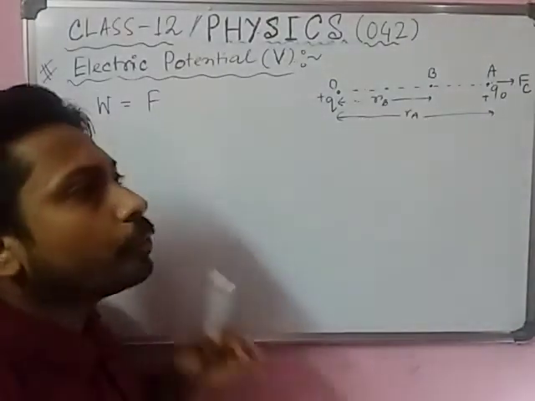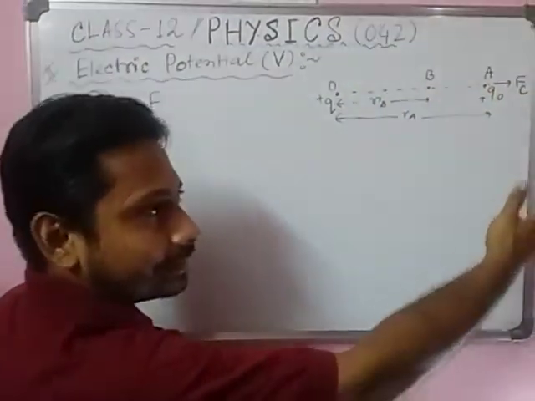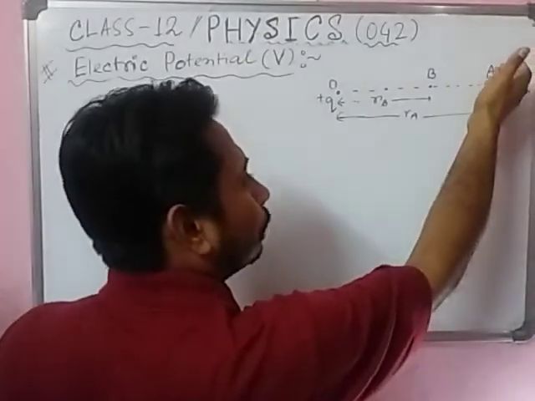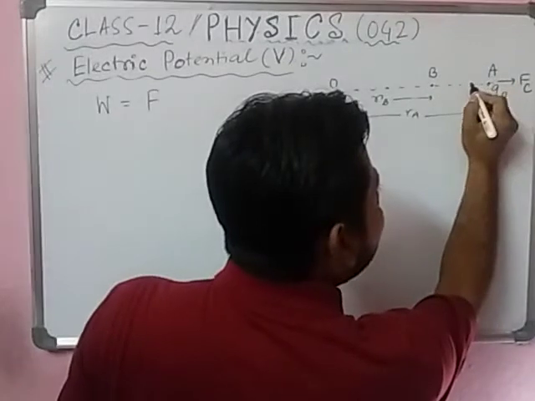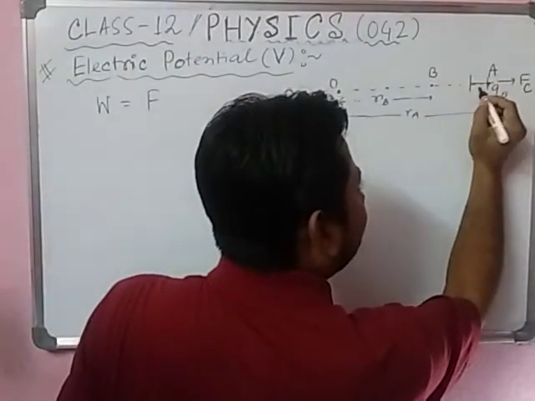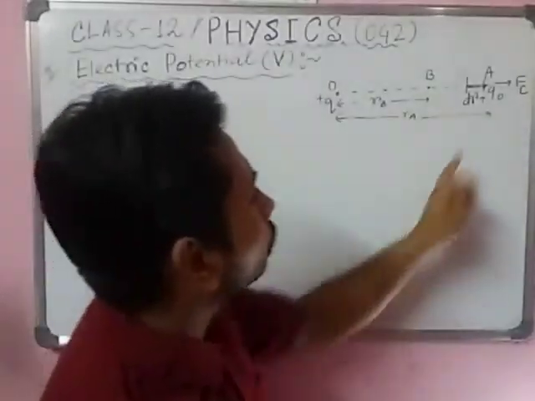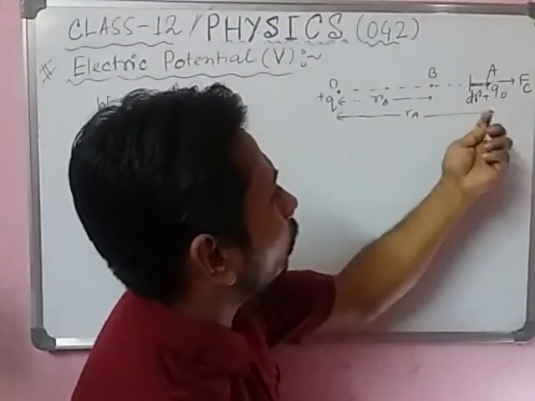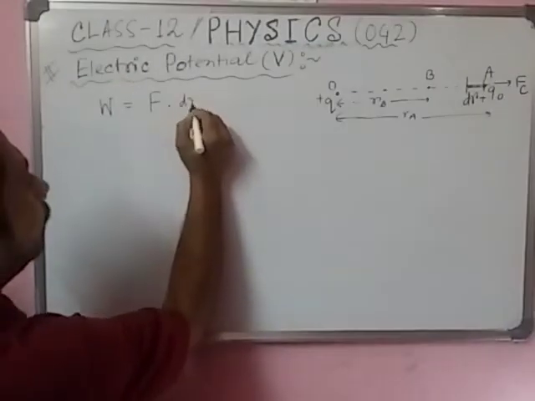So you provide some external force by an external agent so that you can transfer this charge from A to B. Suppose you slightly transfer it, just a small distance dr. For that you need work done, F dot dr.